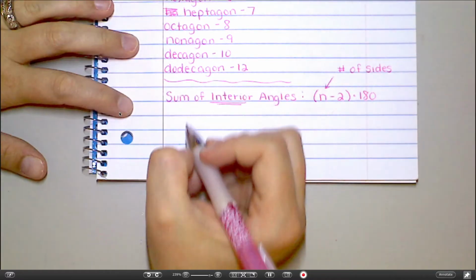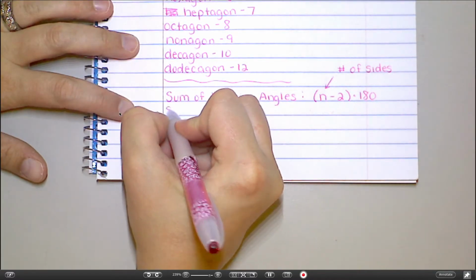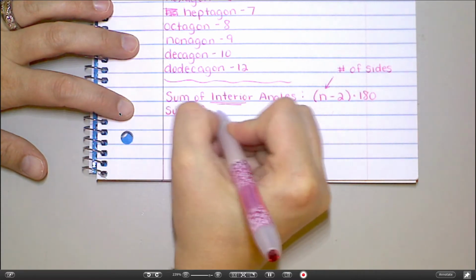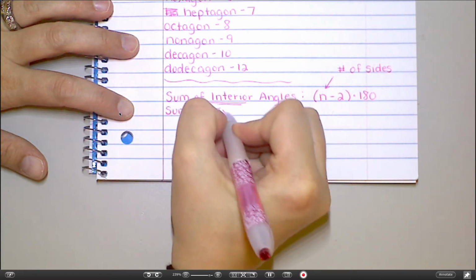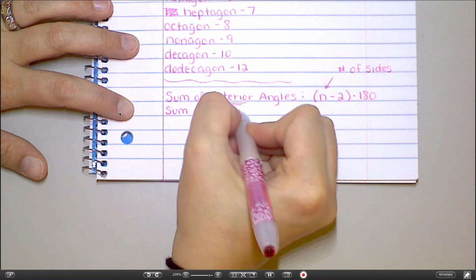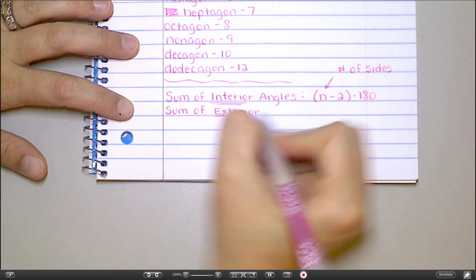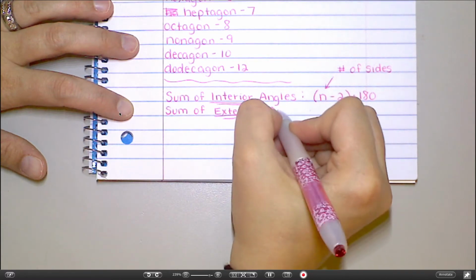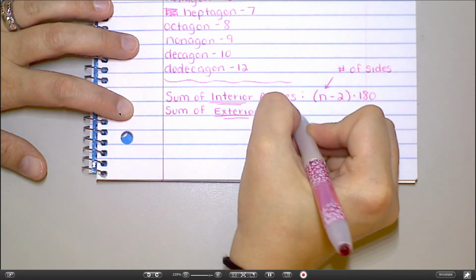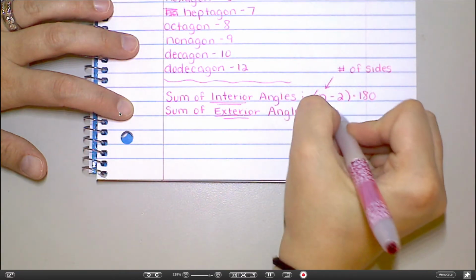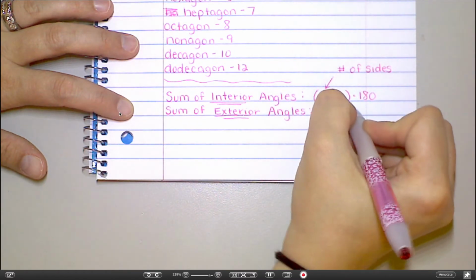What about the sum of the exterior angles? And what will it always equal? 360. Well, technically it is 360 degrees.